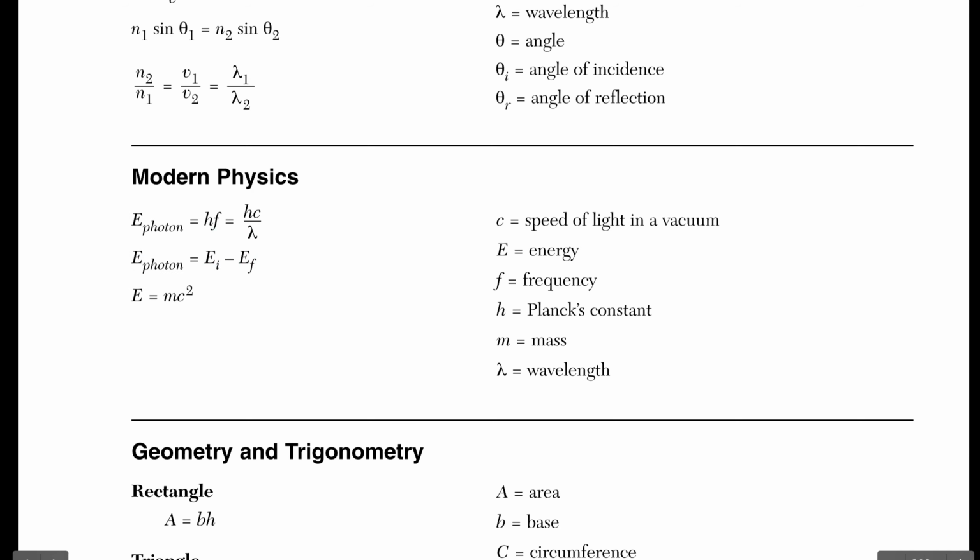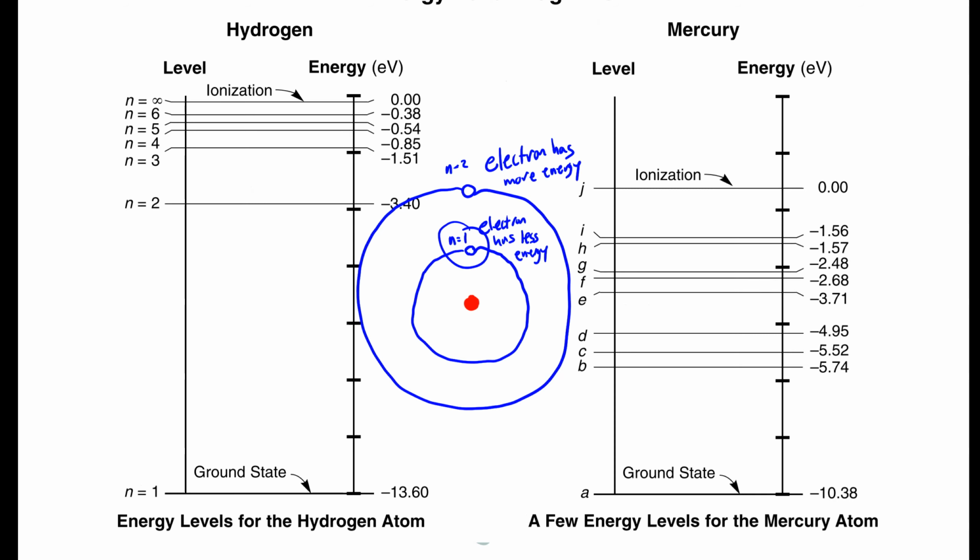So if we were in the ground state and want to know how much energy it takes to jump up there, this is the initial energy, and this is the final, negative 3.4. So you do initial minus final: negative 13.6 minus negative 3.4, and this becomes a positive.